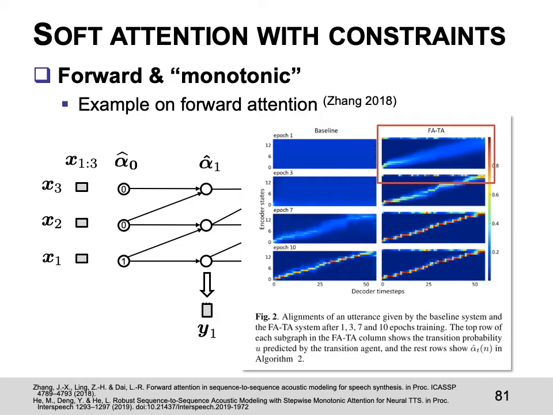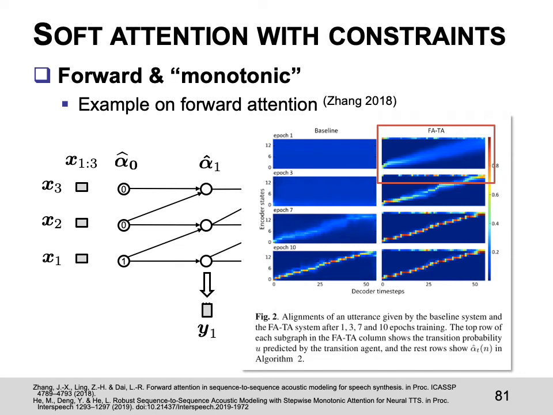For the baseline without any constraint, the alignment is just simply random or uniform distribution. For the forward attention with the recalculation of the matrix, you can see how the alignment matrix looks like a monotonic shape. We can also consider these types of monotonic shape as a prior constraint on what we can learn from the input and output data.